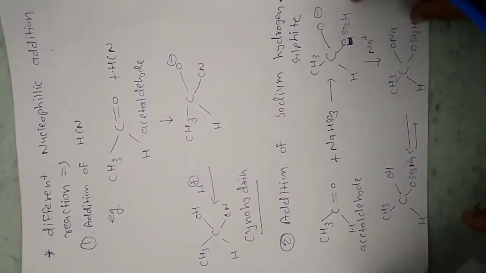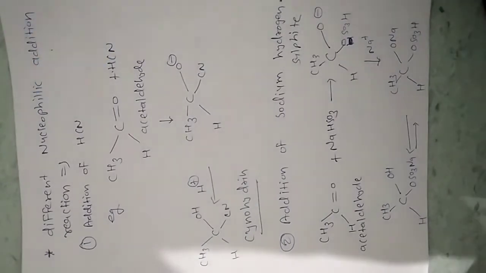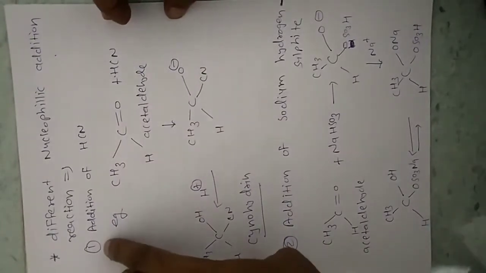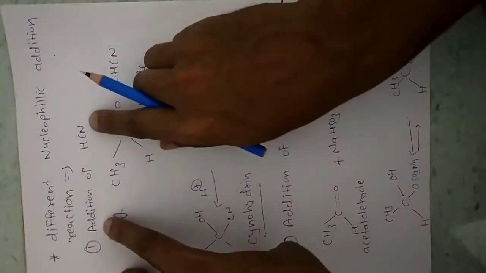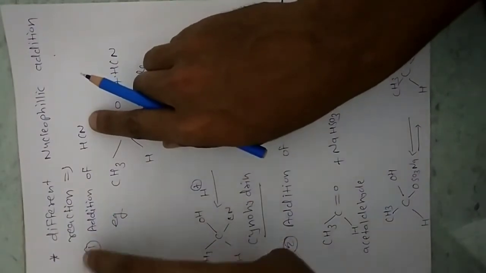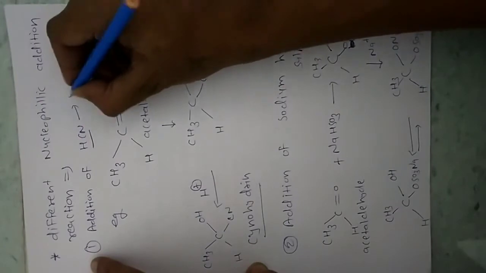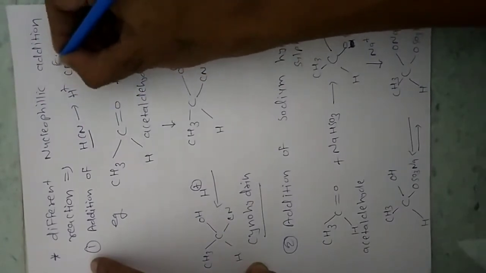Now here are some examples of nucleophilic addition reaction. Different nucleophiles I have taken here. The first nucleophile is HCN, hydrogen cyanide. What you have to do is just make two ions, H plus and CN minus.